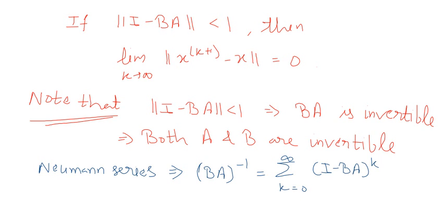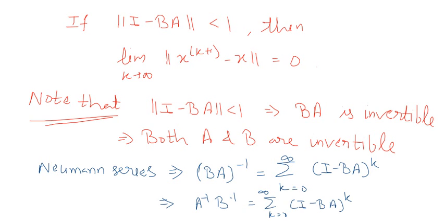Now since the inverse of BA is A inverse B inverse, this implies A inverse B inverse is equal to summation k equals 0 to infinity of I minus BA to the power k.